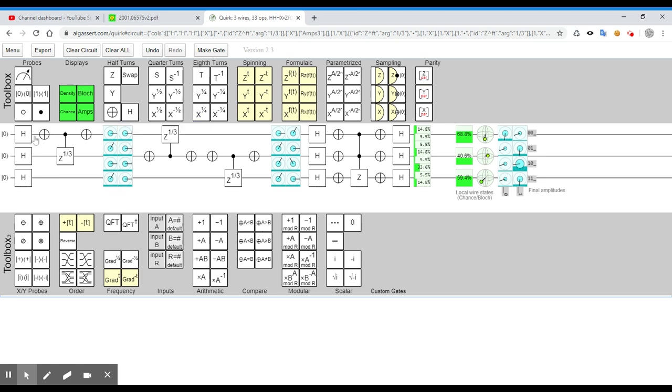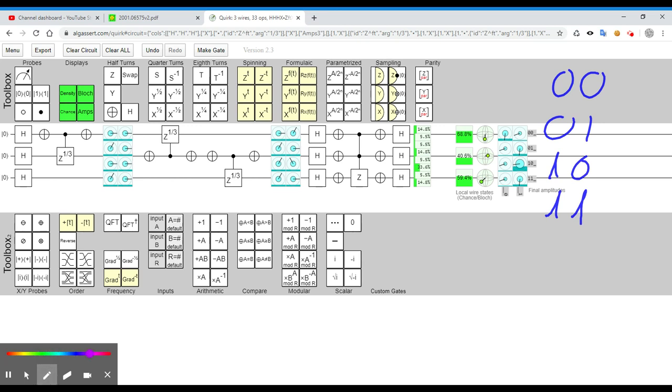What this is basically saying is, it's kind of saying you negate the qubit on the top, right? So if we paint all our possibilities, this is the qubit that we're negating.